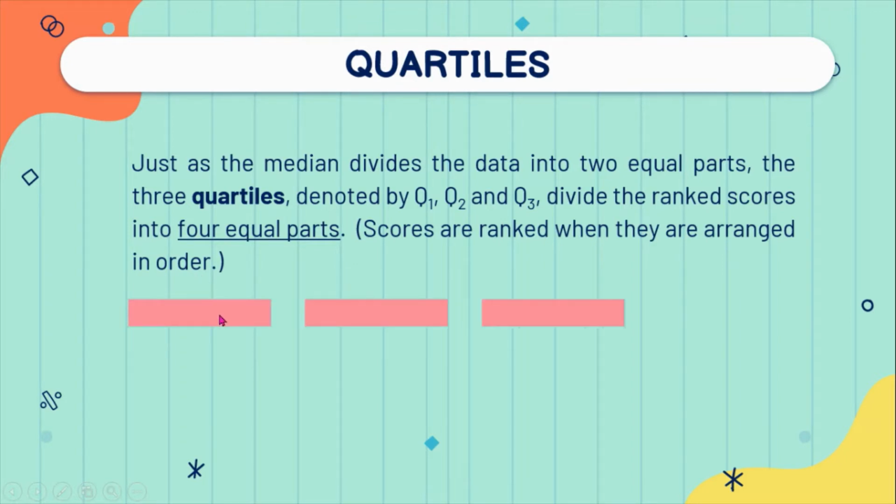So we have here 4 equal parts: 1, 2, 3, and 4. This is our Q sub 1, or our first quartile. This is our Q sub 2, or our second quartile. And this is our Q sub 3, or our third quartile.